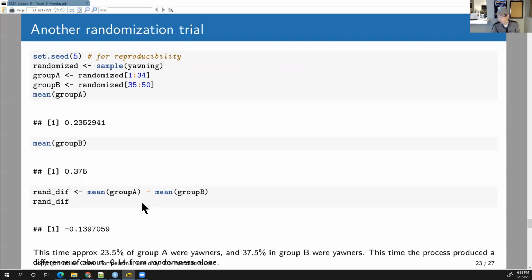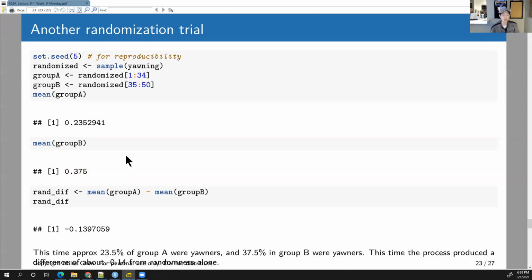Here I do another trial. I just shuffle up the 50 people. Again, 14 of them are destined to yawn. We have 14 yawners in the group of 50. And we put 34 into group A after mixing them up, and 16 into group B. In group A this time, 0.235 ended up yawning, and in group B 0.375.